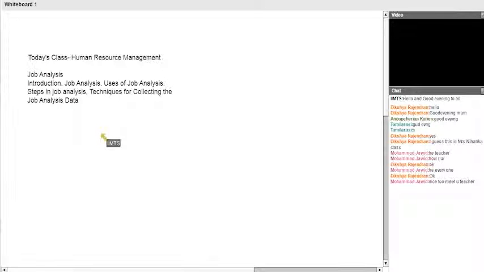What is human resource management? Human resource management is nothing but the management of all the employee related data and information, conducting trainings, framing policies, and ensuring that all the policies that are framed are followed properly in the organization. That is the role of the human resource department.